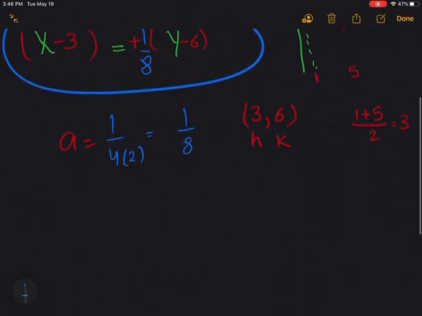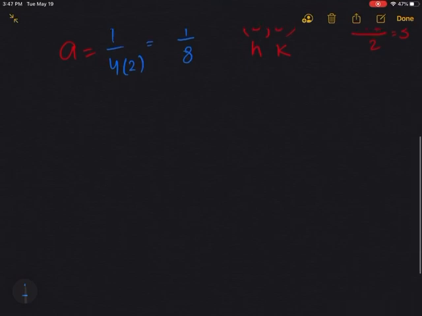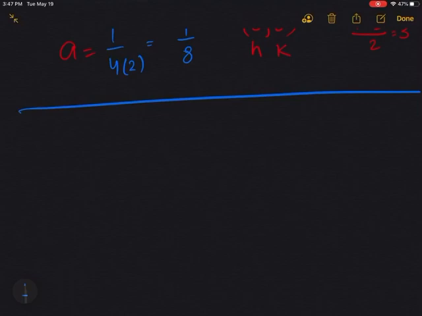Okay, next one. This is about writing standard form. So let's say your equation doesn't look like an actual equation; this is how my equation looks right now. First of all, how do we know this is a parabola equation, not any other conic section?